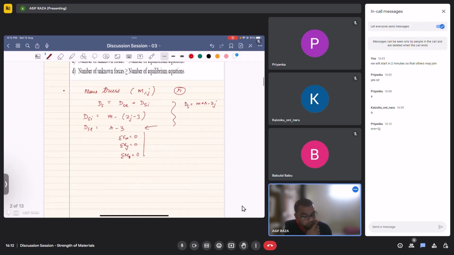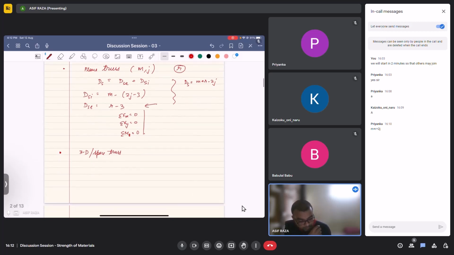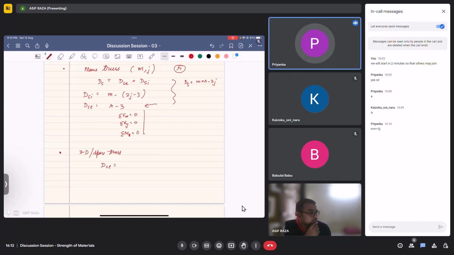What if I just modify this to a 3D space truss? Step by step, what would be the external indeterminacy? It will be r minus 6, sir. Yes, very good, it would be r minus 6.